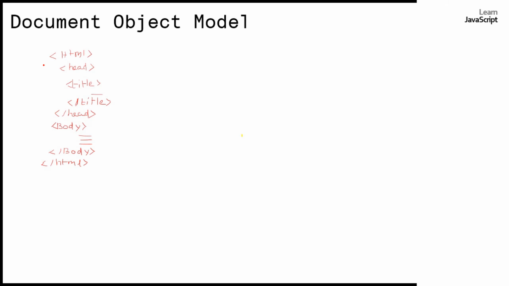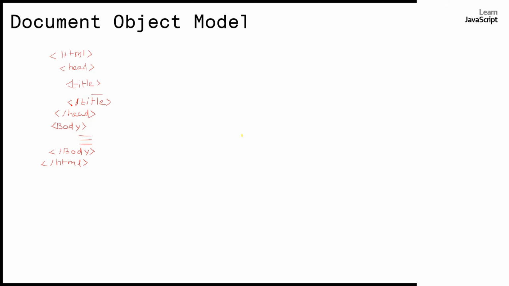So this will be our HTML document, and if you see, HTML is the parent tag for all other tags. Then it contains a head. Head is the child of HTML. Similarly, body is also a child of HTML. And for head, title is the child.